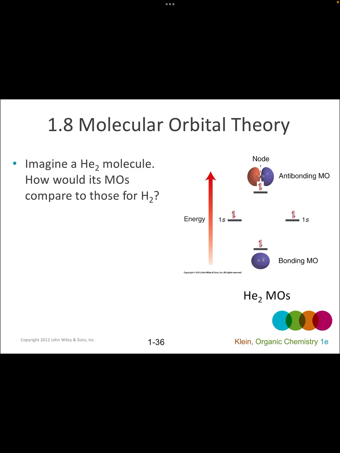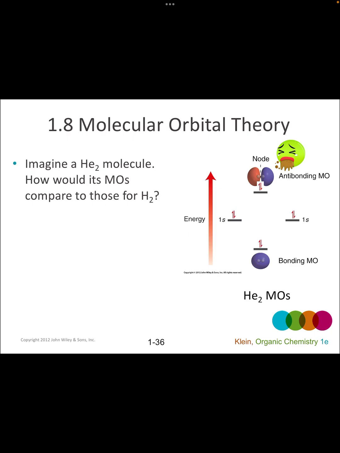Now that second pair of electrons has to go into the antibonding molecular orbital, which destabilizes this molecule because those electrons are antibonding. For that reason, that negates any energy benefit that you get from placing electrons in the bonding molecular orbital.